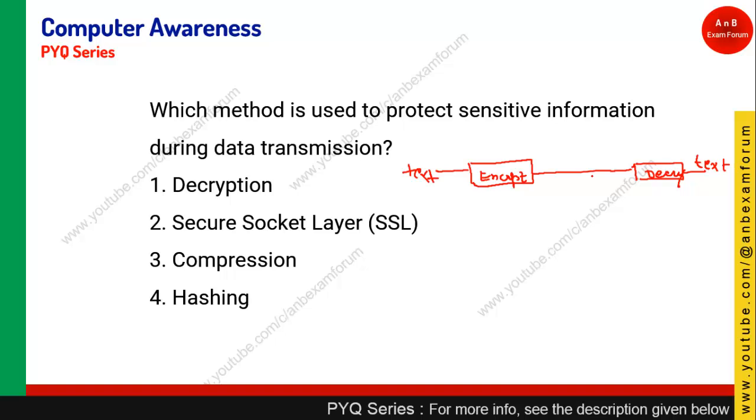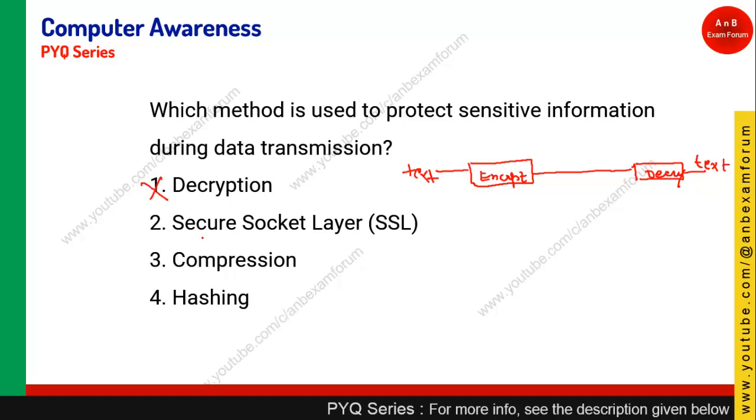This encryption and decryption is a popular topic in cryptography. To protect sensitive information during data transmission, we generally use encryption, not decryption. Decryption is to decrypt the text which we have got from the encrypted ciphertext, so this option is wrong.